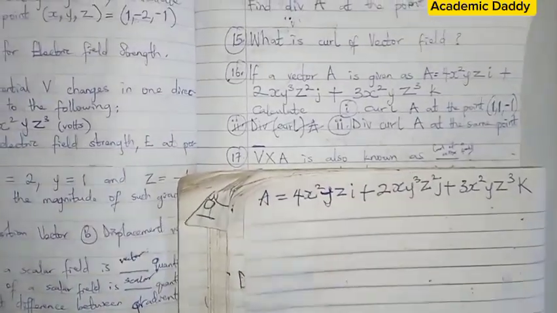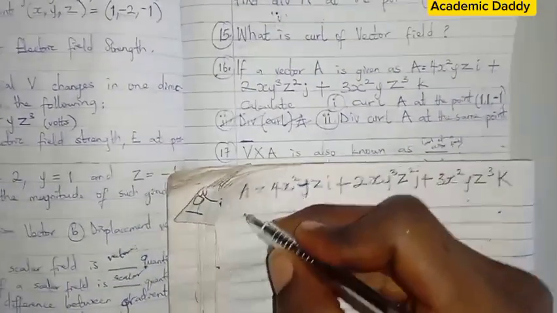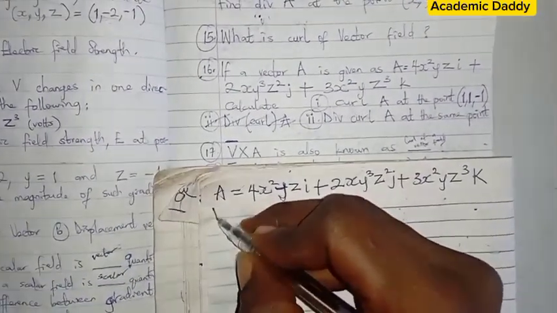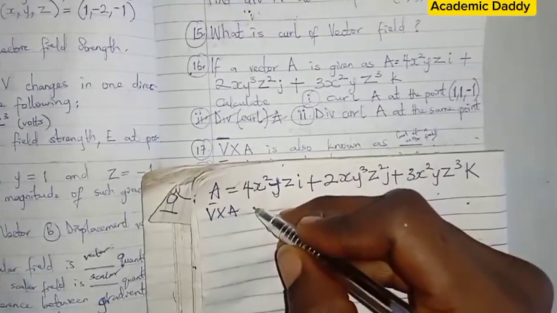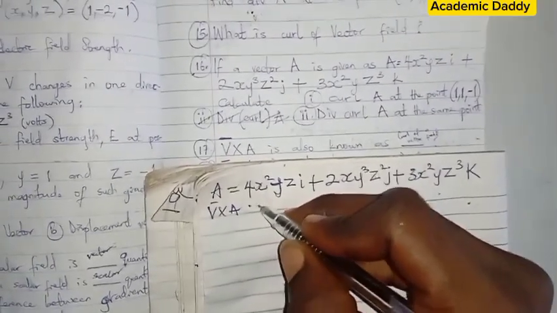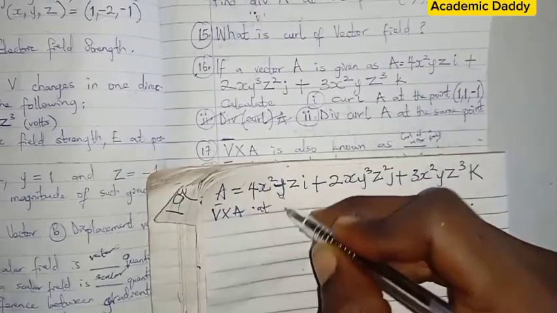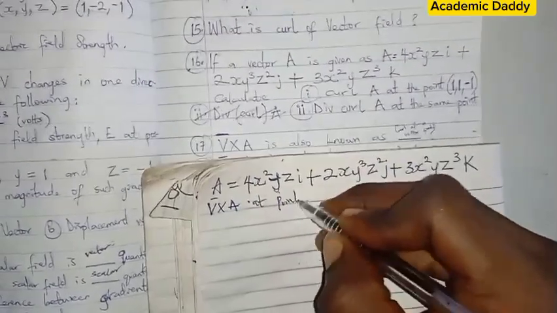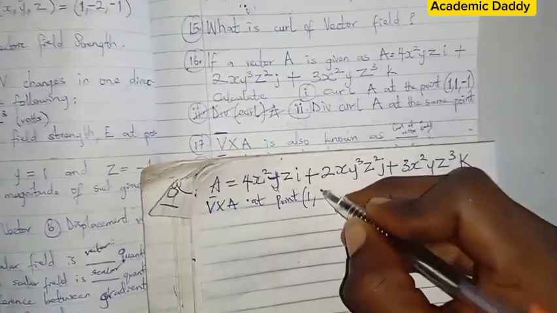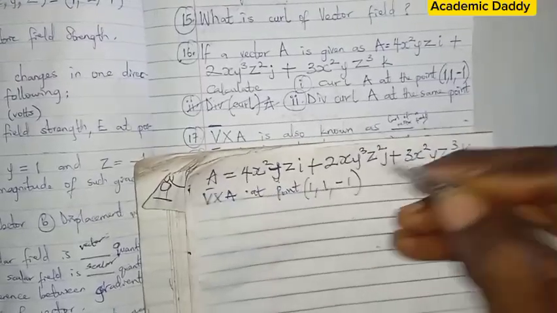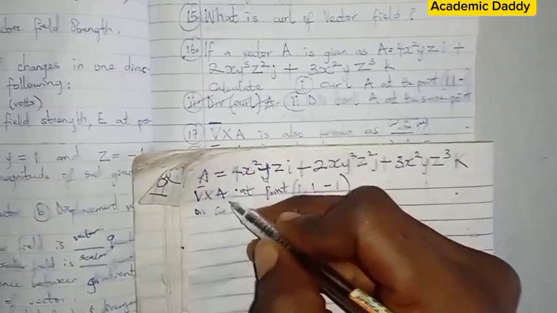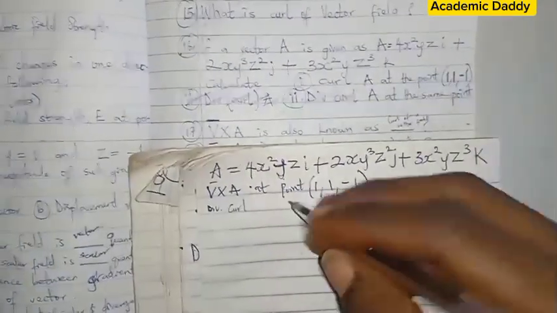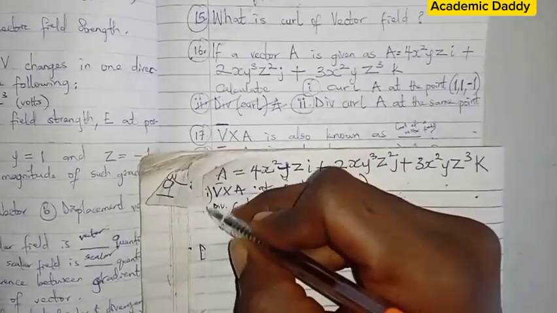Then they say calculate the curl, which is del cross A, at points 1 for x, 1 for y, minus 1 for z. Then they also say we should find the divergence of the curl at the same points.